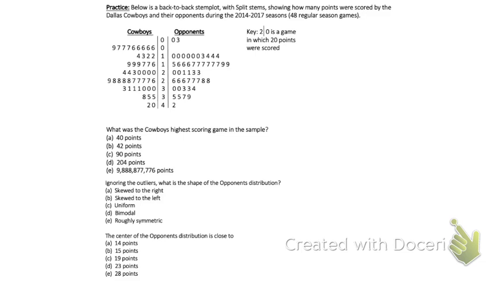This shows, okay, we need to have a serious conversation, y'all. This shows the data that was scored by the Dallas Cowboys. Future Super Bowl winners. This is their year. We're winning the Super Bowl by 80.